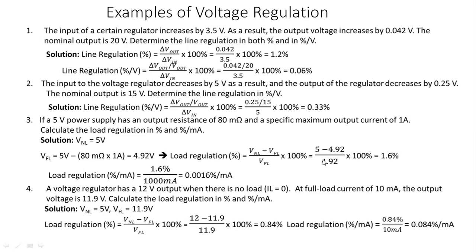We are supposed to solve with respect to per milliampere. Milliampere means 10 raised to minus 3, or you can take 1000 milliampere. So you take 1.6% upon 1000 milliampere, and you will get 0.0016% per milliampere.